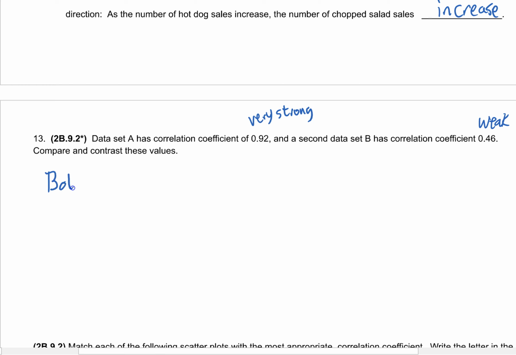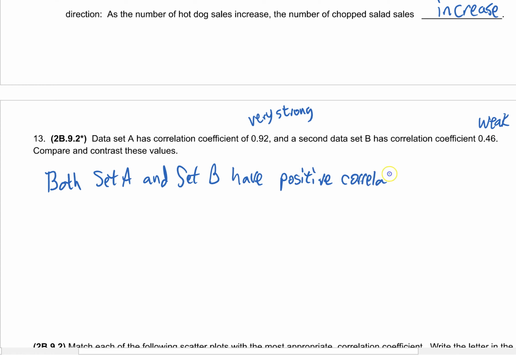Both set A and set B have positive correlation. They're both positive numbers. What that means is as X increases, Y increases. And of course, whatever we're measuring, we'd use those words.